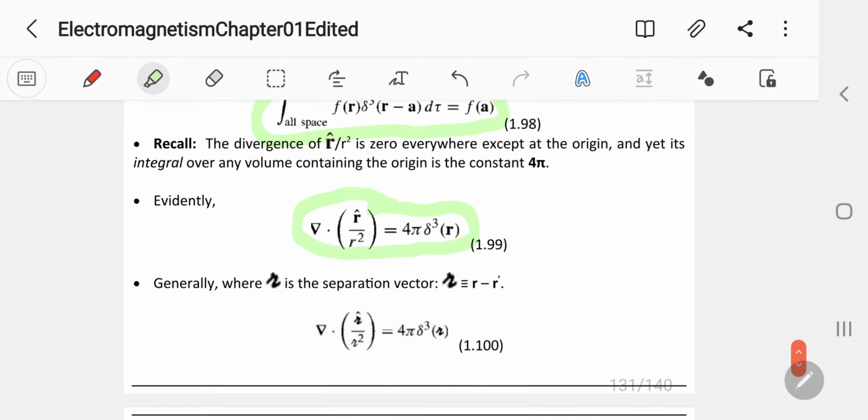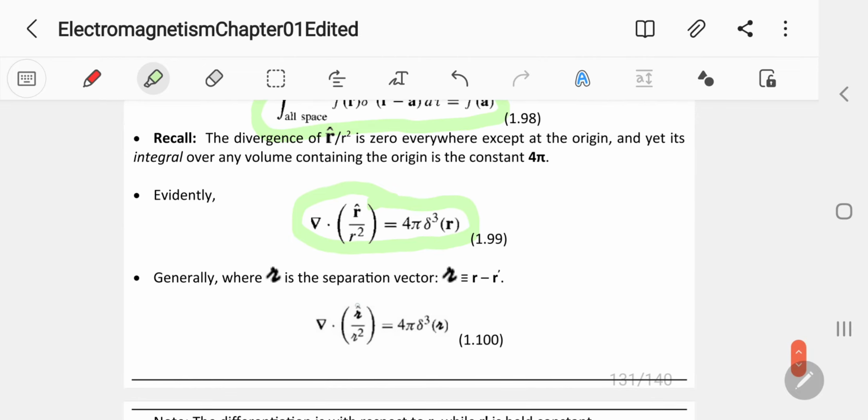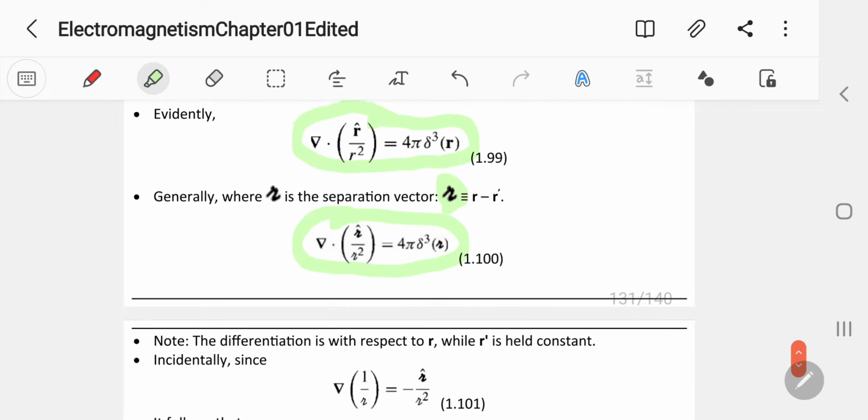So you can also do this. By the way, the scripted r is just the difference between r and r prime, as we have discussed in the previous lectures.